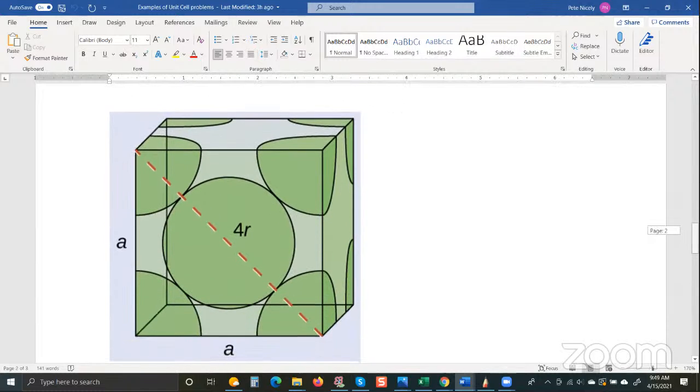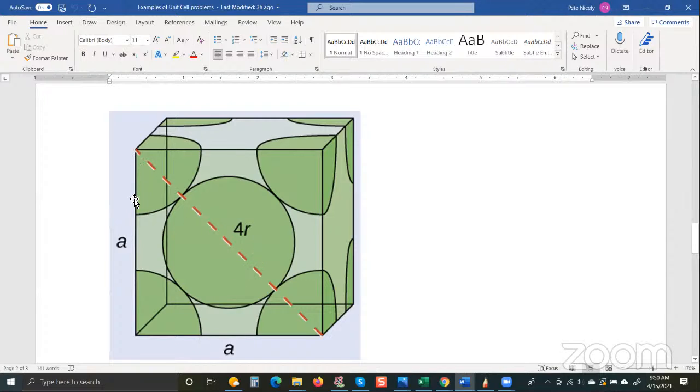So if you look at this here, just as in the previous diagram, the nearest atoms are touching each other, right? This atom has a radius, and for the atom that is here, from here to here would be the radius of that atom, and from here to here the radius of that atom. They're all the same atom, which is calcium. So the total distance from here to here would be equal to 4 times the radius of one atom, all right?